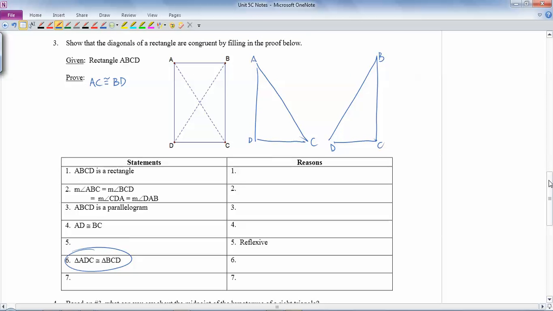Okay, so ABCD is a rectangle is given. And the 4 main angles are all congruent. 1, 2, 3, 4. So that's actually the definition of a rectangle, that you have 4 congruent angles.